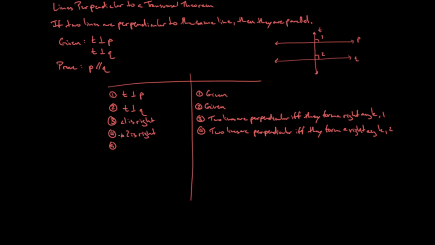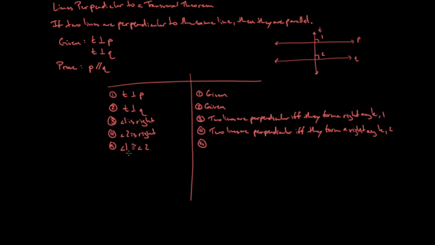Now, the common thing to do here is to forget about the theorems that we've done in the past and go through the whole rigmarole of saying that the measure of angle 1 is 90 degrees, the measure of angle 2 is 90 degrees, thus their measures are equal, so then they're congruent. Or I can use one of my theorems I proved before. That was the whole point of doing that. What do I know about two right angles? I know that two right angles will be congruent to each other. That is my right angle congruence theorem, coming back to help us out.